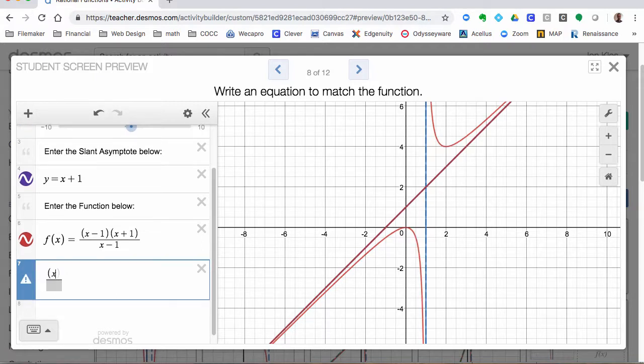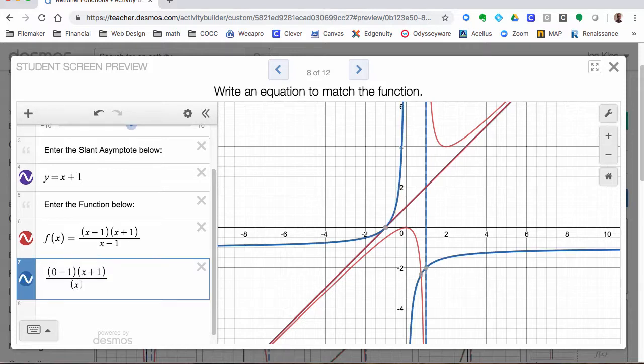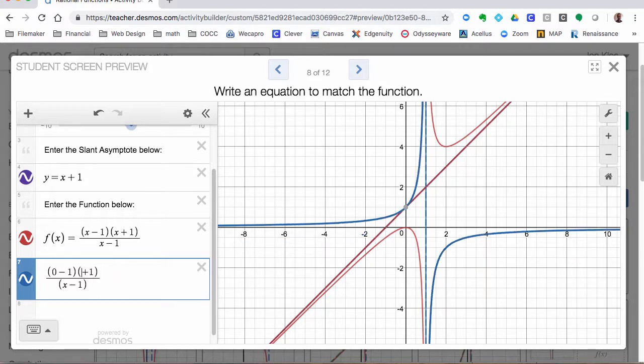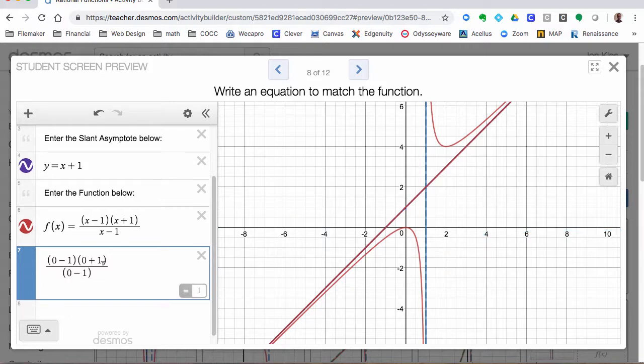So if I put 0 in, let's do this here now. If I put 0 in for x, I need to have 0 minus 1 times 0 plus 1 over 0 minus 1. And whoops, I need to put 0 in for x. Notice right now that equals 1. But in my function, when I put 0 in for x, I have to have y be 0.